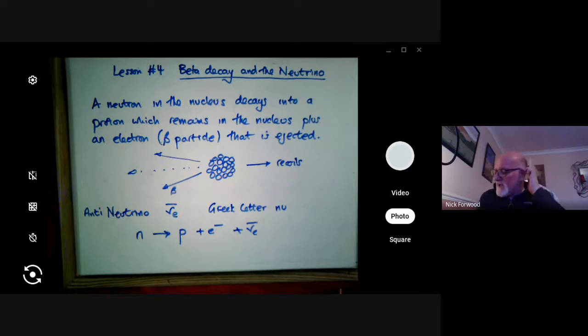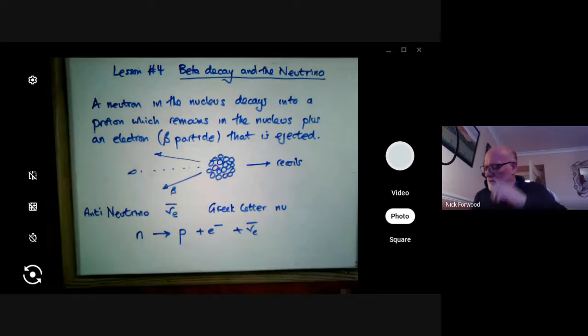This is natural evidence that antimatter exists, and it's also evidence for a brand new particle that had not been discovered before, called the neutrino. So we're starting to build up our evidence for not just things like protons, neutrons, electrons, but now also positrons, which are anti-electrons, and anti-electron neutrinos, which are emitted, and that's antimatter, and a new particle called the neutrino.